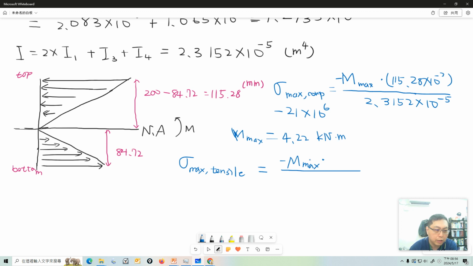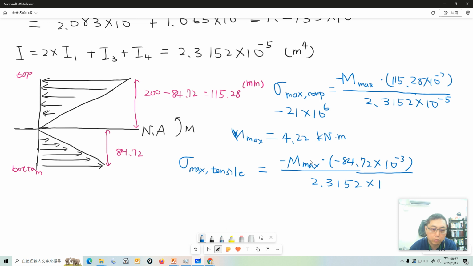The maximum tension is at the bottom surface for this problem, and it is 84.72 away from the neutral axis. Using the neutral axis as the reference point, this is minus 84.72 times 10 to the power minus 3. And I is the same.